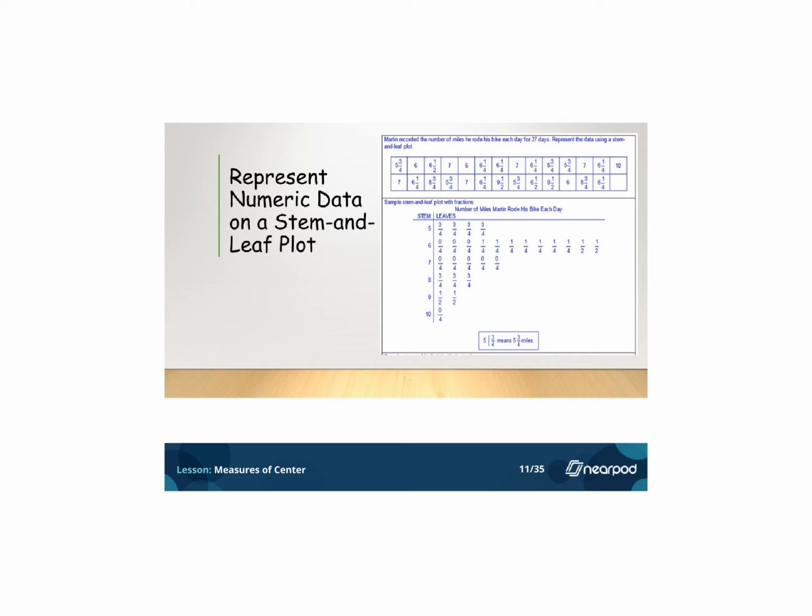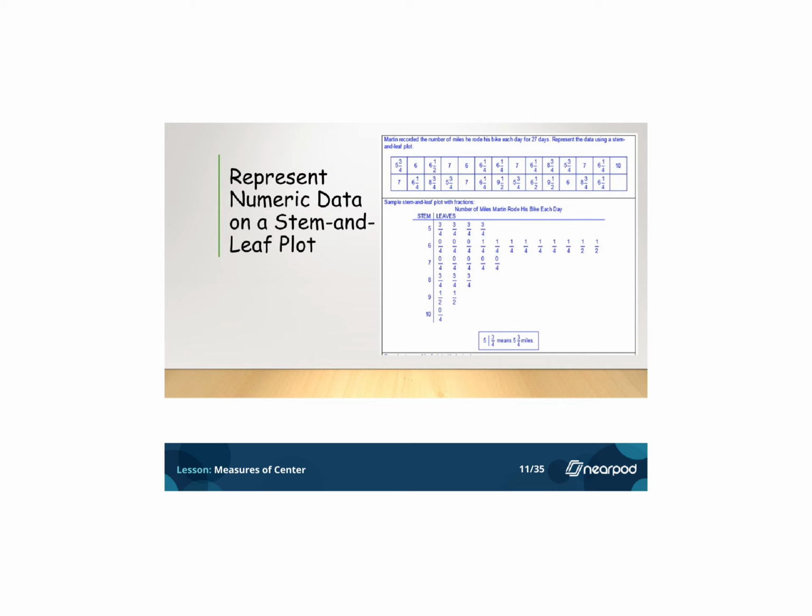Okay, so there's this example of a stem and leaf plot. The example is the same as the top, so I'm just going to zoom in on the table and the stem and leaf. So again, if we compare these numbers with the stems, the table, all these stems are your whole numbers.